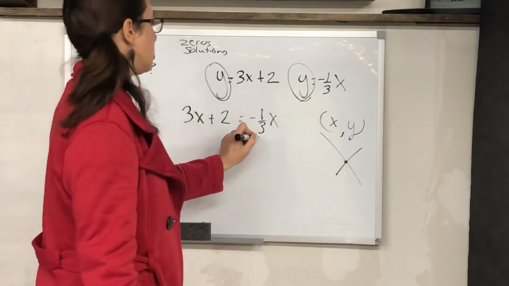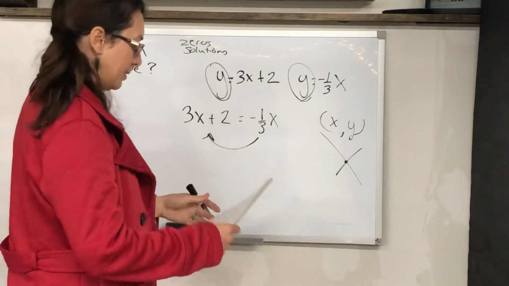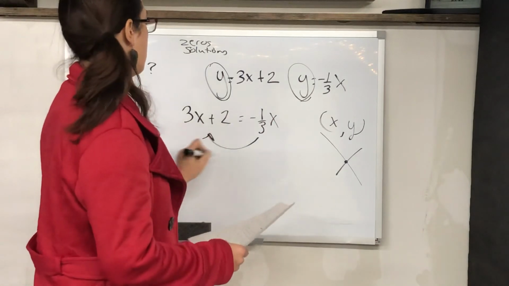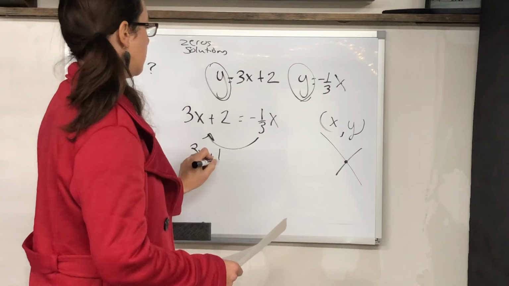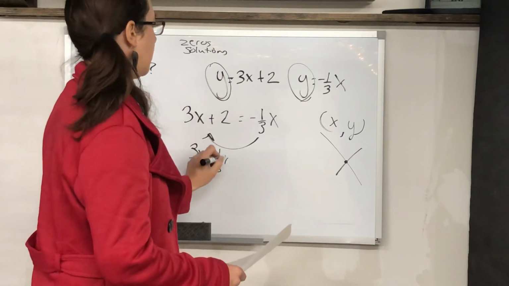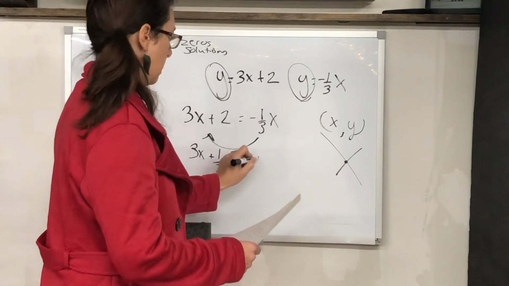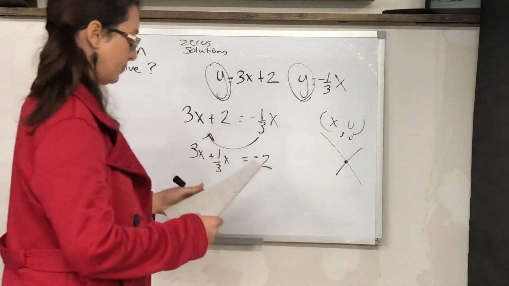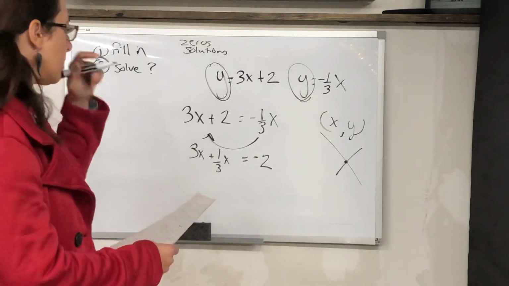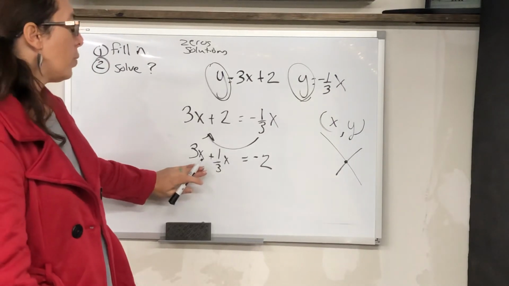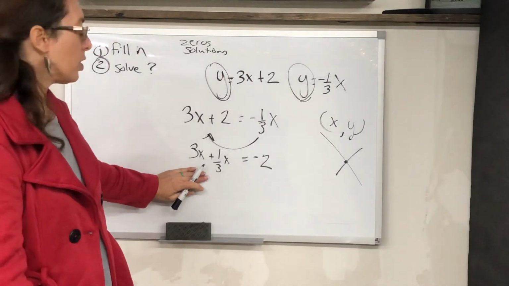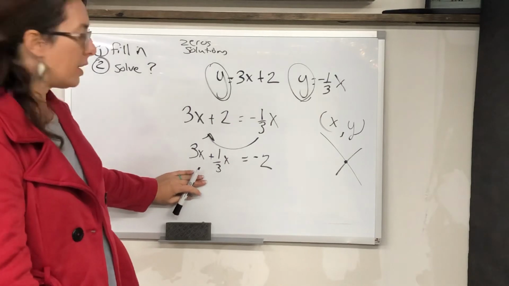We're going to move the x's to one side. So on this side, I have 3x plus 1/3 x equals negative 2. Now in this case, remember, we have to look at the denominator, or we can clear the denominator, either way.